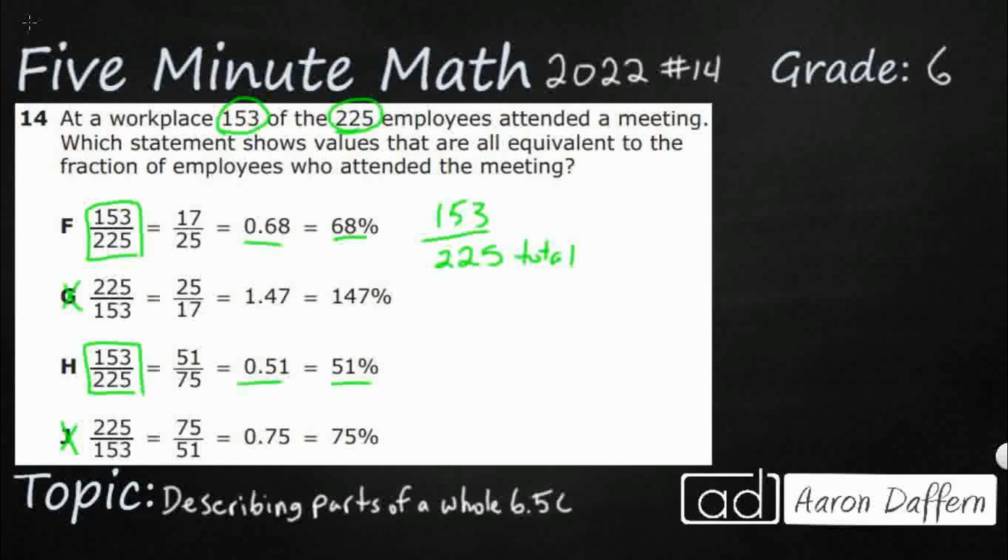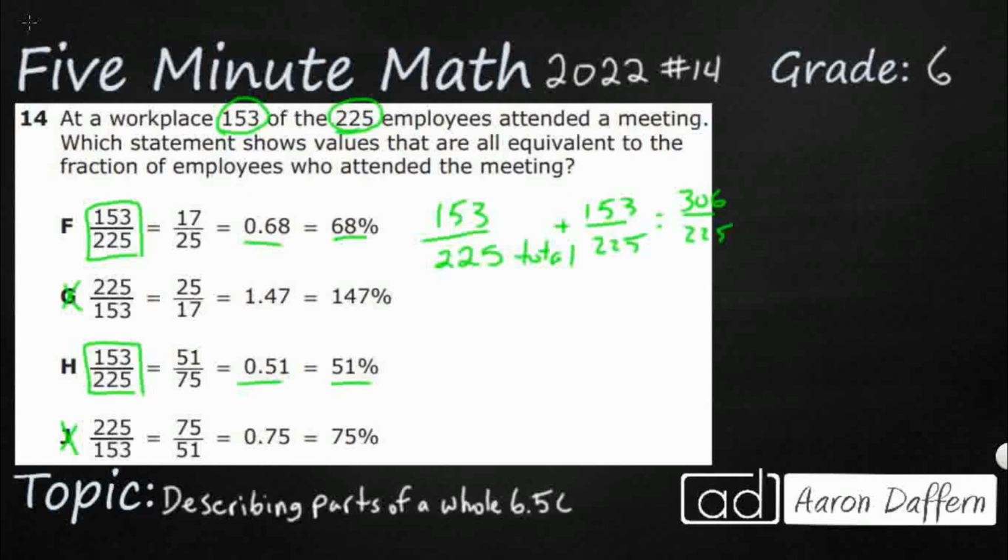They have them inverted. So here's something that we could use as a guesstimate. What if I were to double this 153, if I were just to add another section of that? Well, that's going to be 306 over 225.